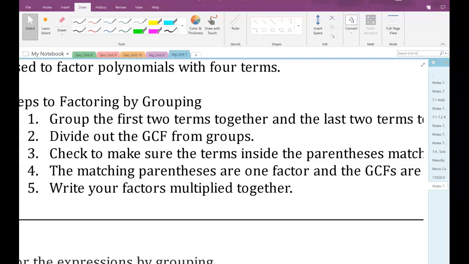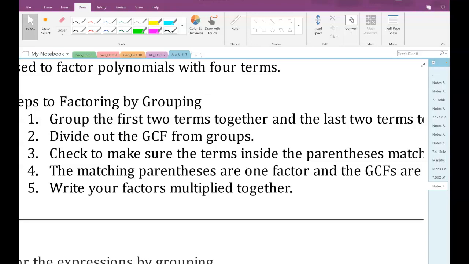What you're going to do from that is you'll divide your greatest common factor out from both groups. When you do that correctly, you'll get 2 parentheses that match. The 2 parentheses that match are going to be what we call a factor. And then we're going to get another factor by taking the GCF, so there are 2 parentheses. So bring it back together. And then our end result will be our 2 factors multiplied together.